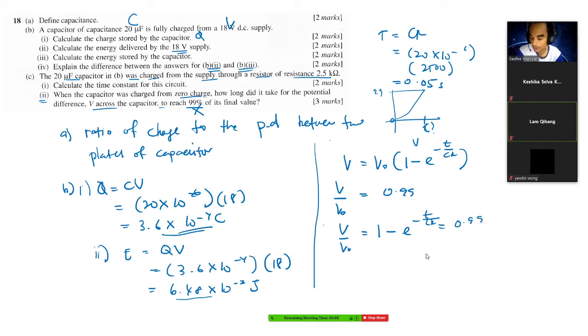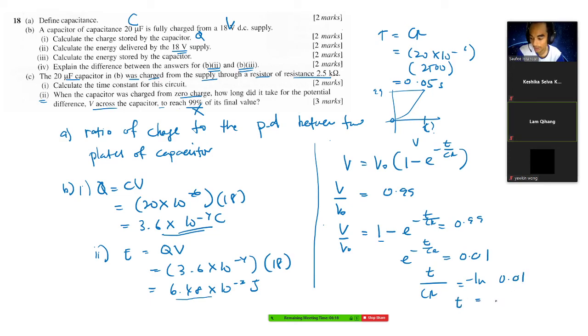So we have e to the power of negative T over CR equals 0.01, right? Because the 1 goes over to the right side, we have 0.01. So T over CR is equal to negative ln 0.01.